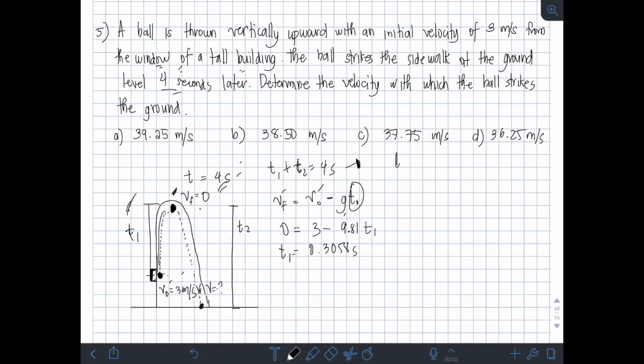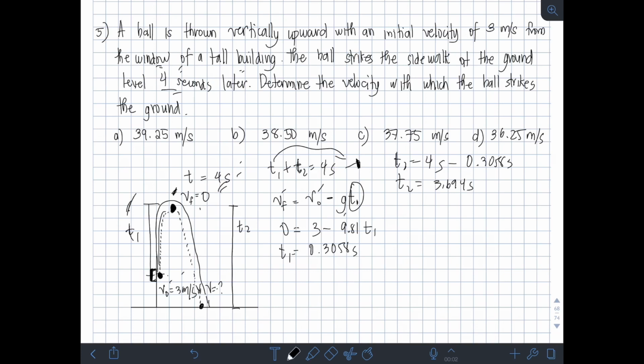How? So, T2 is 4 seconds minus, transpose T1, which is 0.3058 seconds. So, ano si T2? 3.694 seconds.